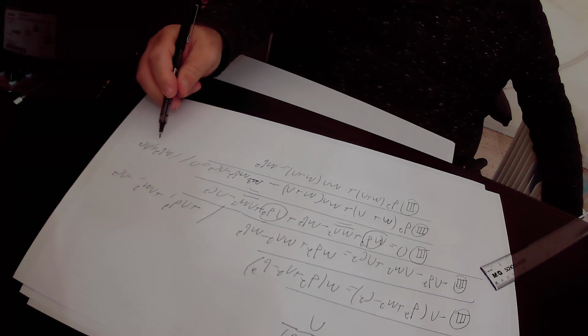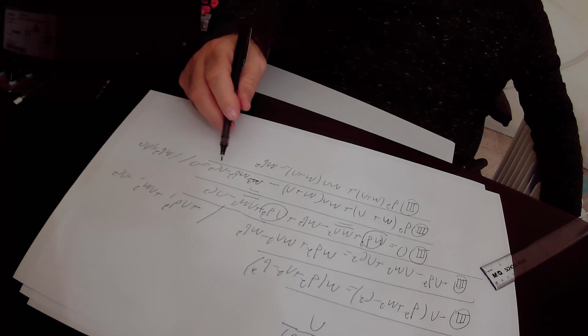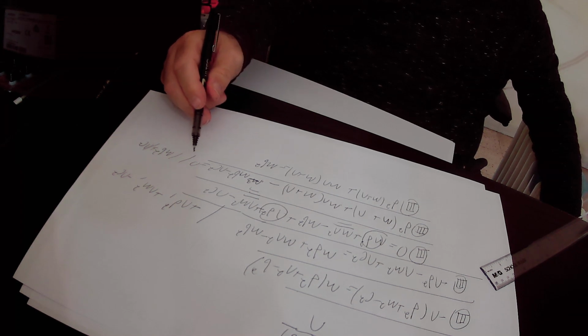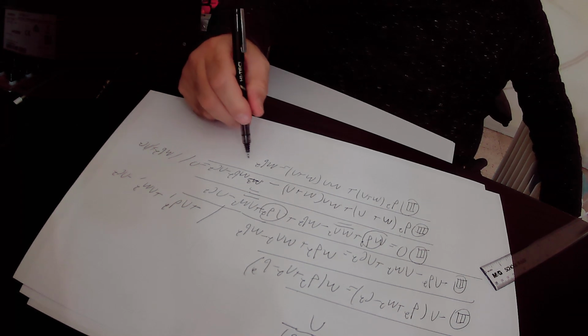We also added n c squared to this equation, so n c squared minus n c squared is 0, so this side is 0, and here 0 plus n c squared is n c squared.